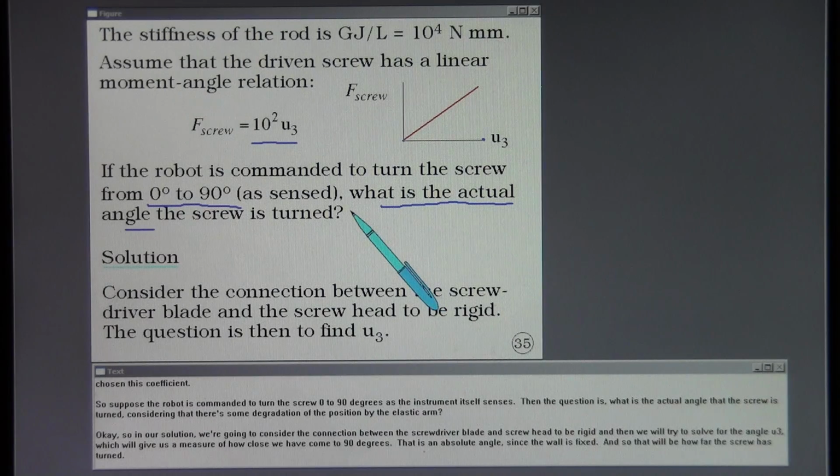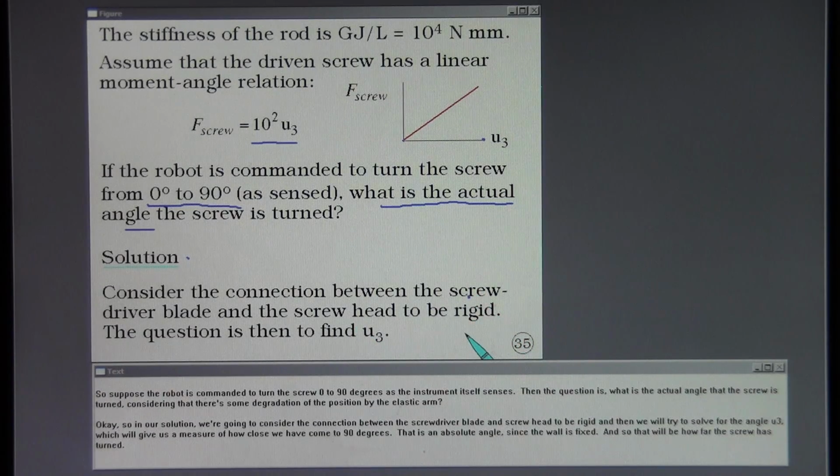Okay, so in our solution, we're going to consider the connection between the screwdriver blade and the screw head to be rigid, and then we will try to solve for the angle U3, which will give us a measure of how close we have come to 90 degrees. That is an absolute angle since the wall is fixed, and so that will be how far the screw has turned.